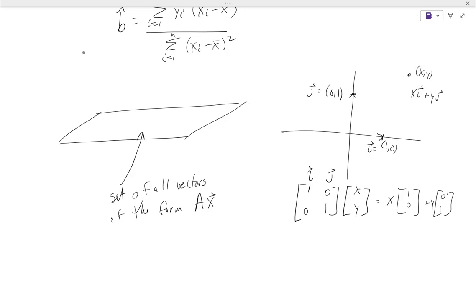Where my matrix here, or these vectors here, are your generating vectors. It's called a basis for those of you who've had or are in linear algebra. These are generating vectors for, in this case, a plane, but whatever space we're talking about.